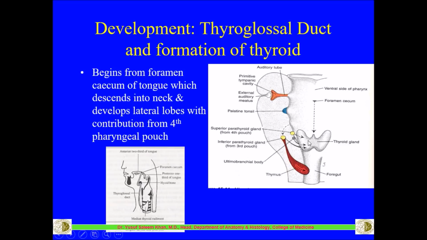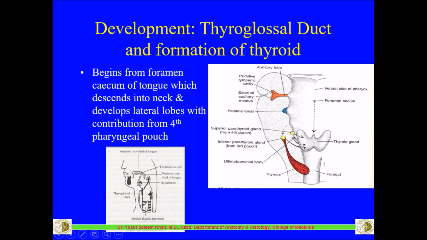If you imagine, this is the foramen cecum, and from there a thyroglossal duct will develop, and then it leads to development of the thyroid gland along with the contribution from the fourth pharyngeal pouch, from where even the parathyroid gland will be developing. So this will be from the thyroglossal duct.